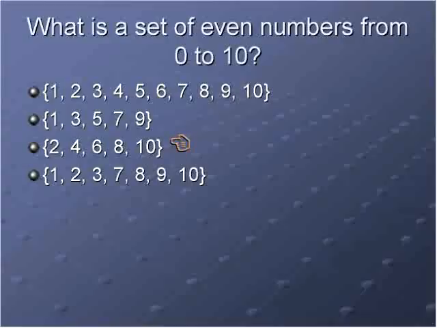If it was 0, 2, 4, 6, 8, 10, that would be perfect. This one has all the numbers, this one has the odd numbers, this one has some of the numbers at the beginning and some of them at the end. So if you're asked for a set of even numbers from 0 to 10, they're looking for a solution like this, where it's inside of a set.